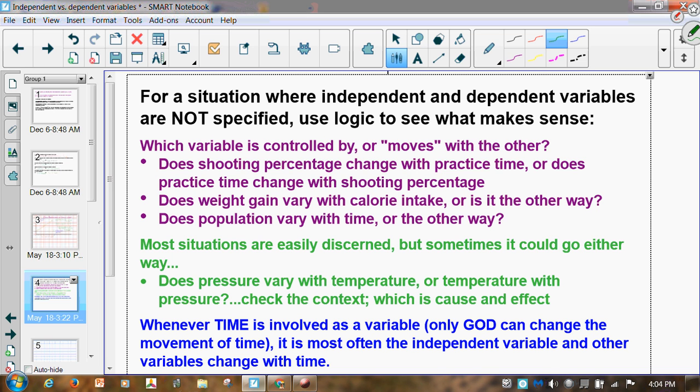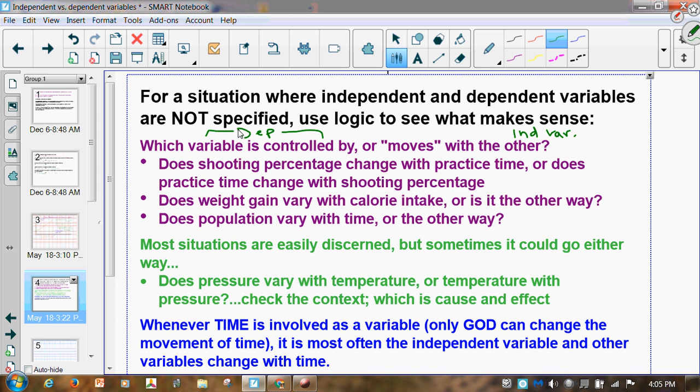You always want to ask this question: which variable is controlled by or moves with the other? The one that is controlled by the other would be the dependent variable, and this one would be the independent variable, because the dependent variable is controlled by or moves with a change in the independent variable.